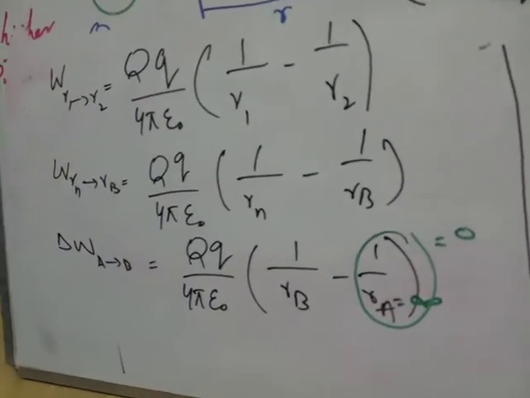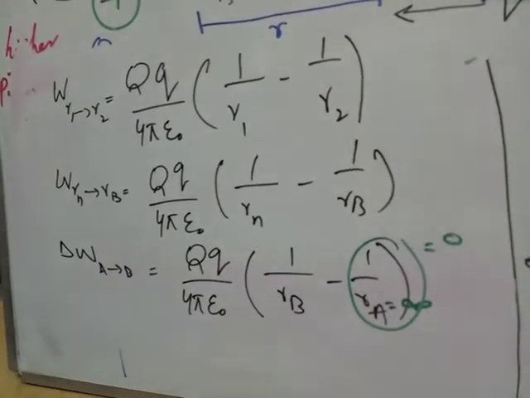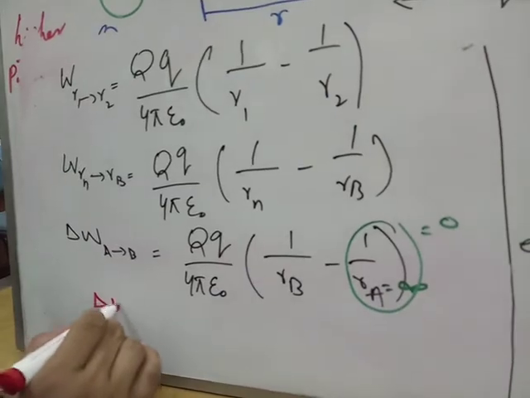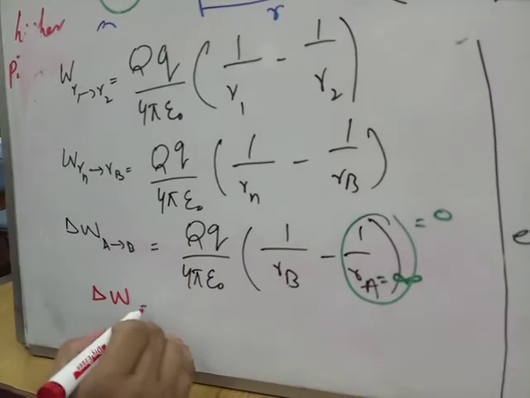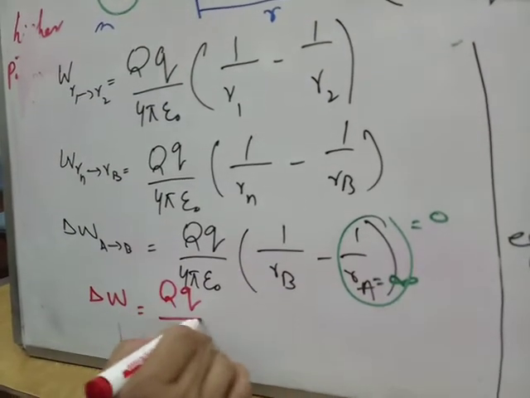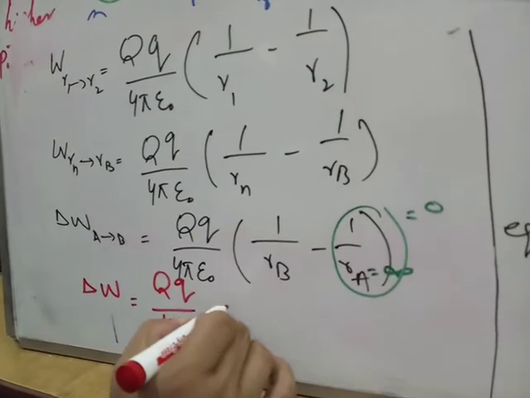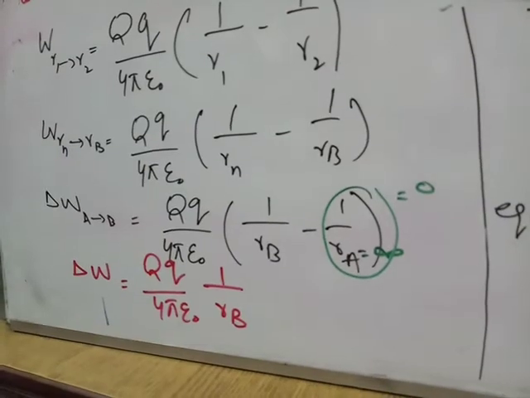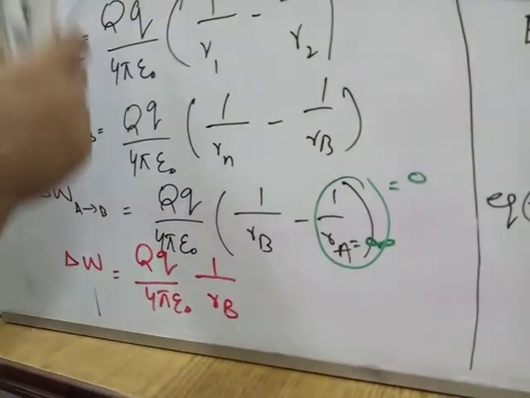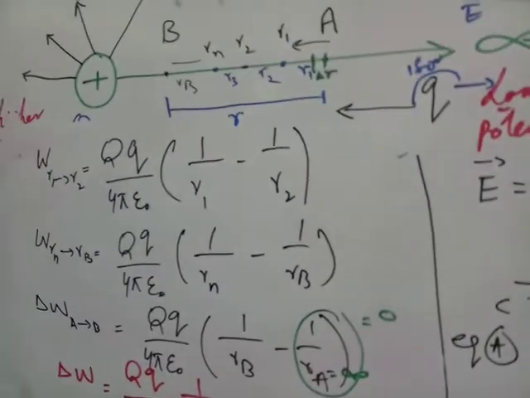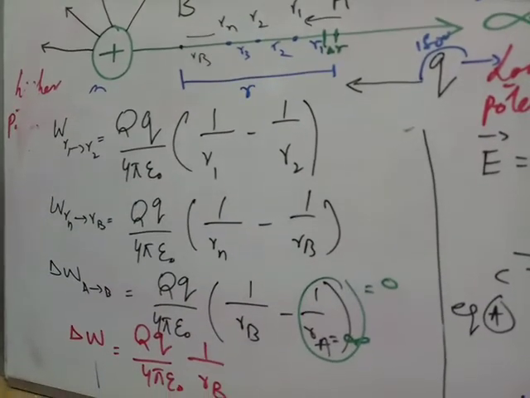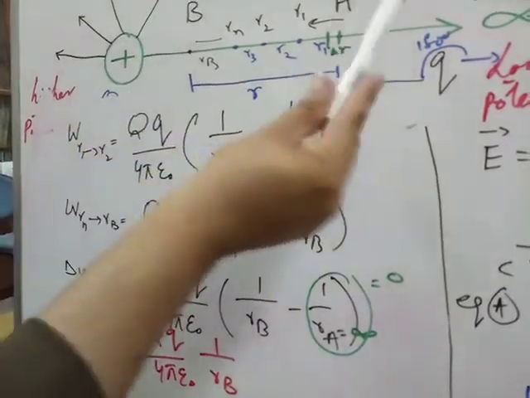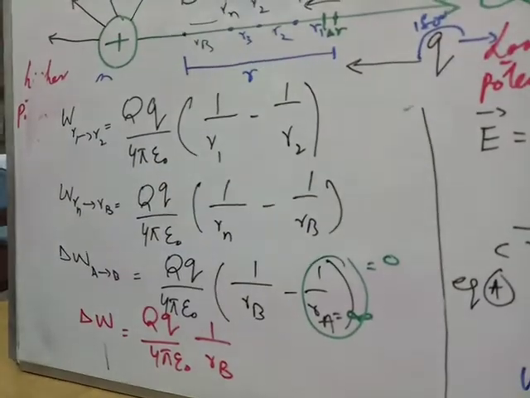So we get a formula for the work done, delta W, having only 1 over Rb. We can say this is the distance at point B, which is nearly the point where we can come to infinity.